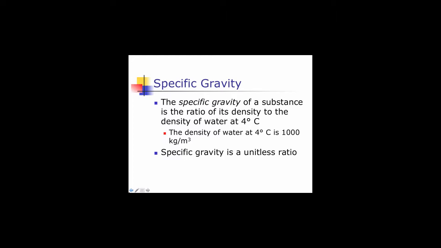It is unitless, so if you had something with a specific gravity of 0.4, then we could say that the density of that particular substance was 400 kilograms per cubic meter, because water is 1,000.